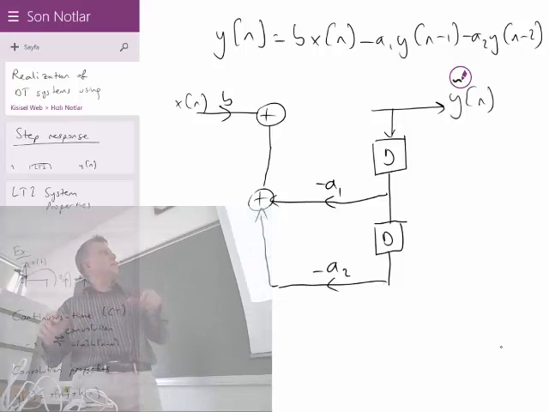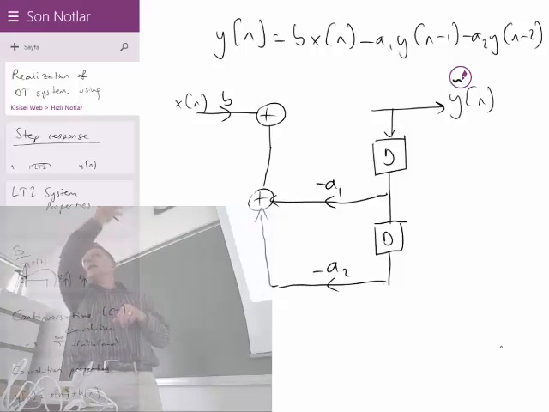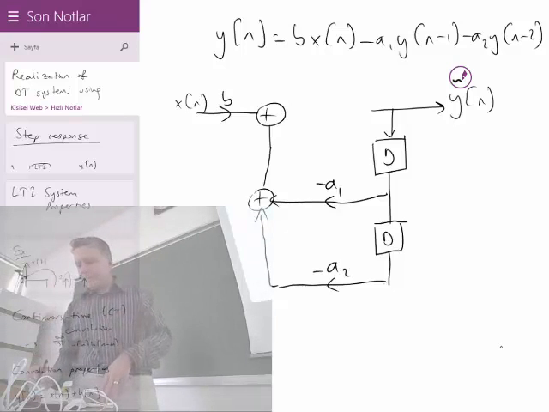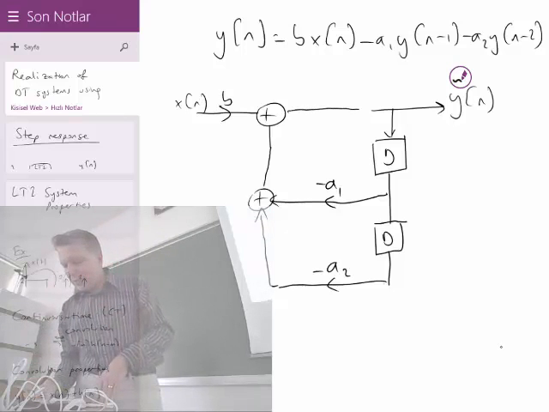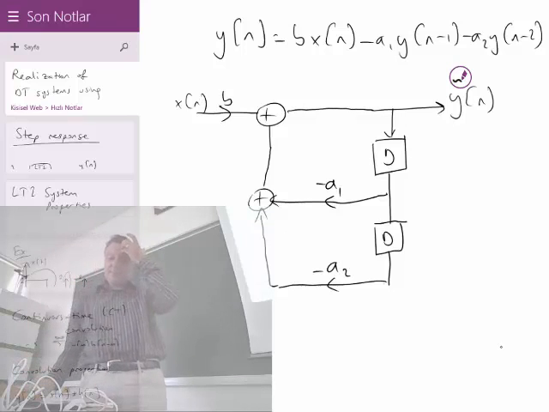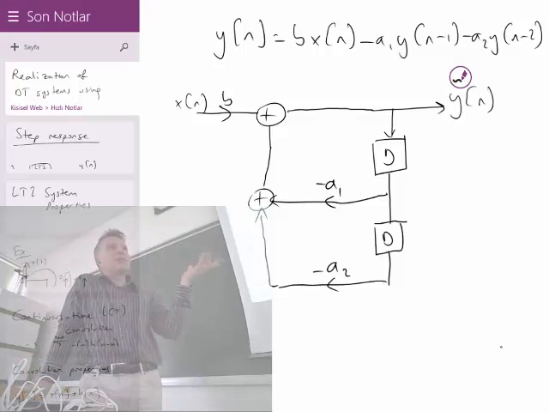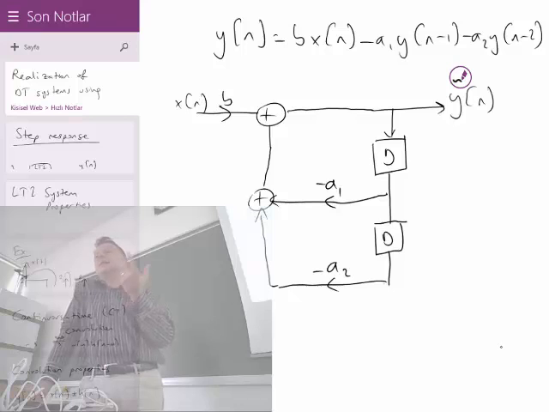First I add up the bottom things, and then accumulatedly I combine it to the top, and that combination will give you y of n. So this is a second order difference equation that we have. But the orders are determined by the amount of delays applied to the output.